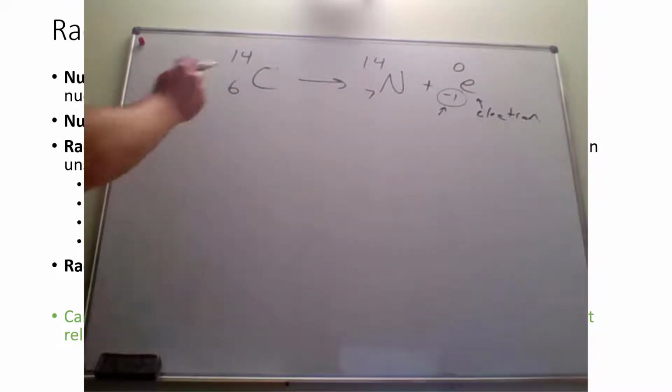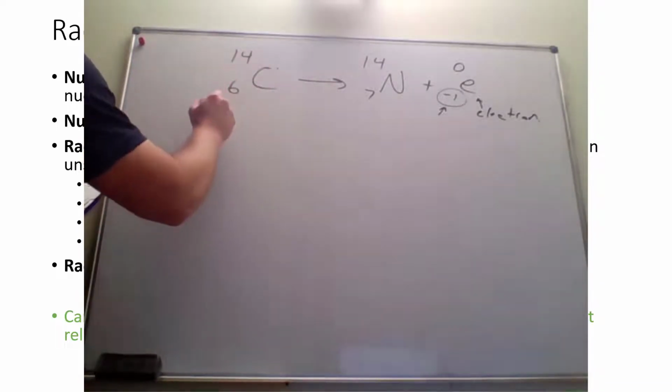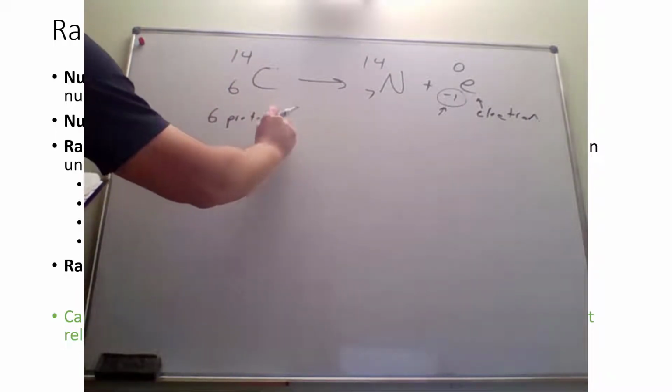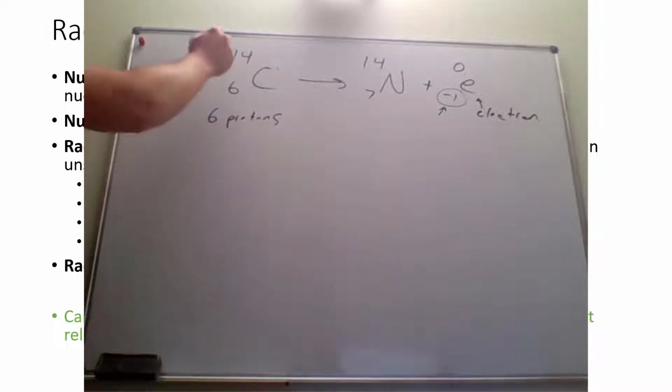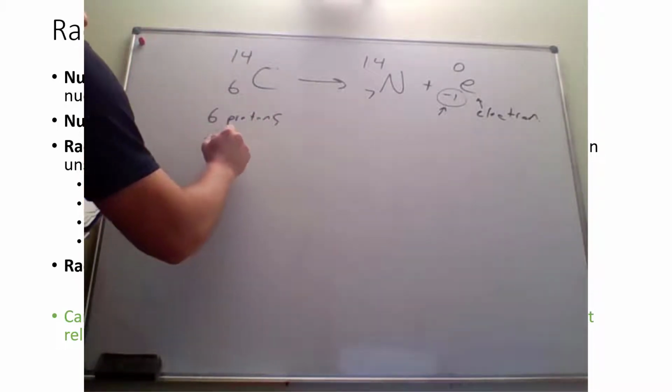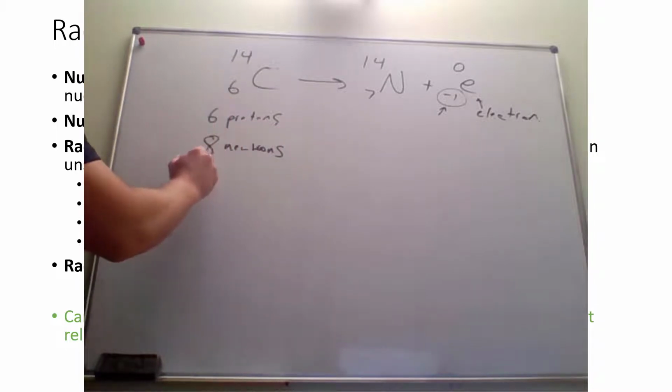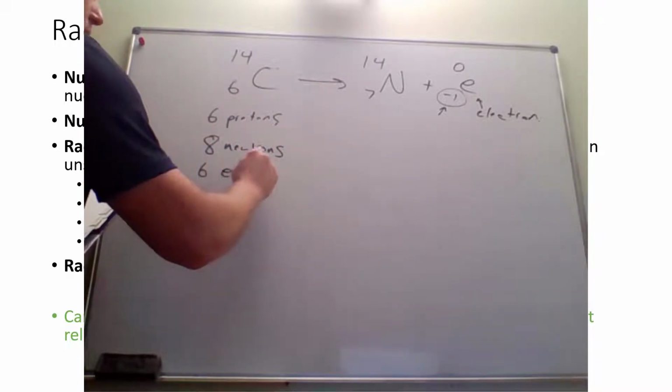Okay, so if we look at our number of protons, electrons, and neutrons here, for carbon we have 6 protons. For the number of neutrons, 14 minus 6, we have 8 neutrons. As a neutral atom, we have 6 electrons.